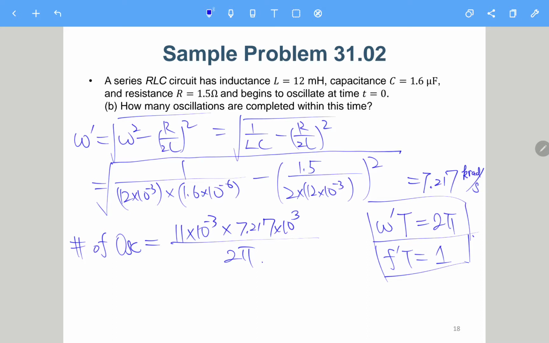Frequency and the period are reciprocals, and omega prime times T will be 2 pi. So this is the number of oscillations. It is around 12.6 times.